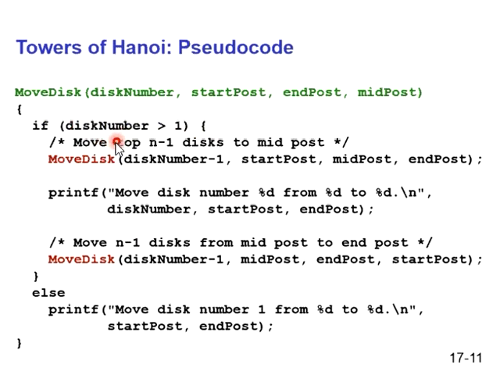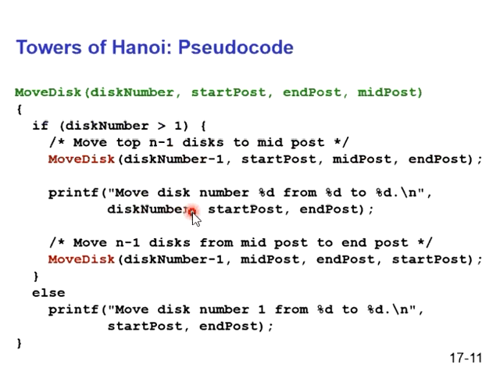And we check now if the disk number is greater than 1, so we need to move the top n-1 disks to the mid post. So over here now, attention, we write the end post as the mid post because you want to move the top n-1 disks to the mid post.